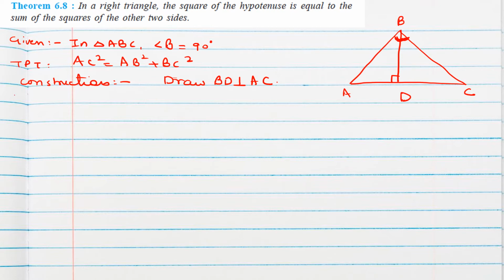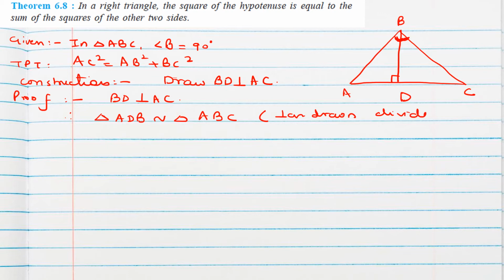So in proof we can write, BD is perpendicular to AC, therefore triangle ADB is similar to triangle ABC. Perpendicular drawn divides the triangle into two similar triangles.